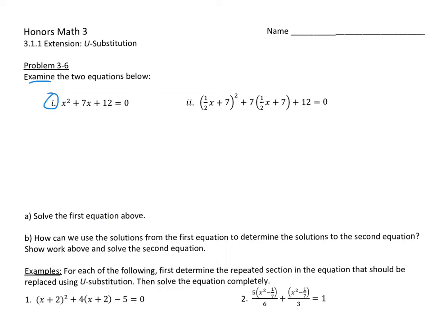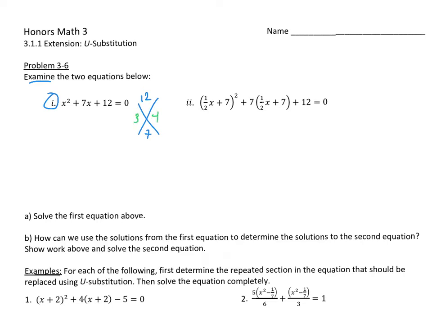This is just a standard quadratic equation set equal to 0, and to solve this one, let's begin by factoring. So if we can factor it, then solving it will be pretty simple. So doing the diamond game approach, I've got my 12 up here, my 7 here, and I want to know two numbers that both multiply to 12 but add to 7. That's going to be 3 and 4.